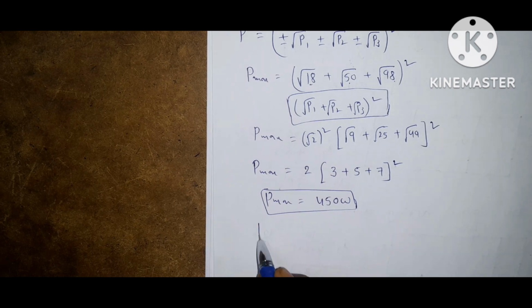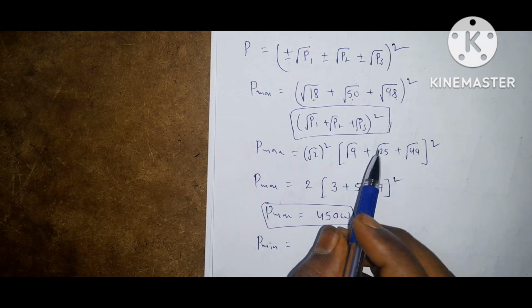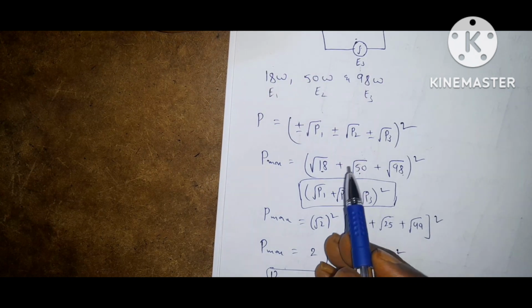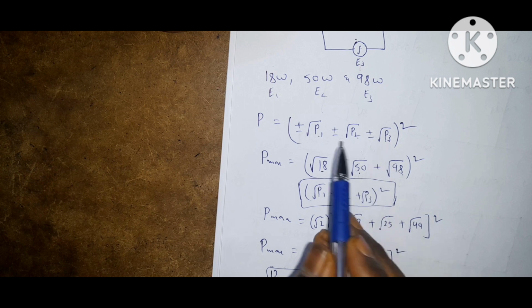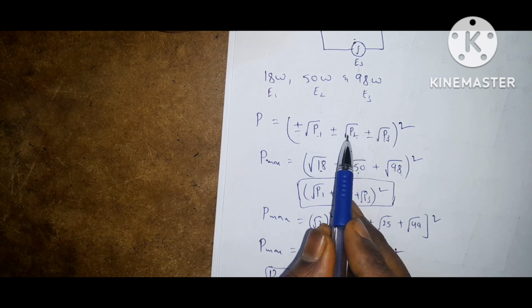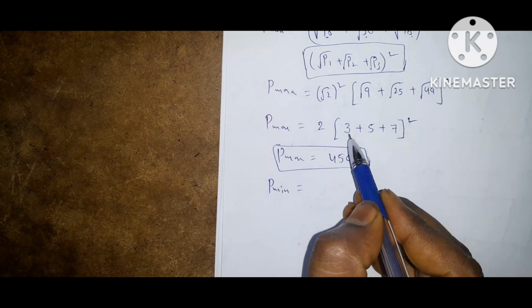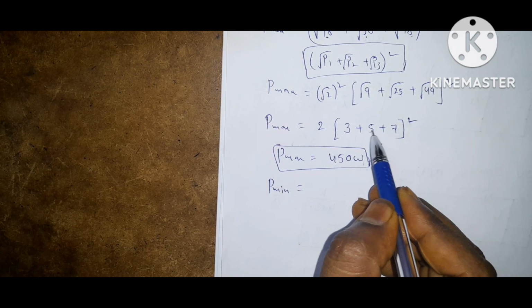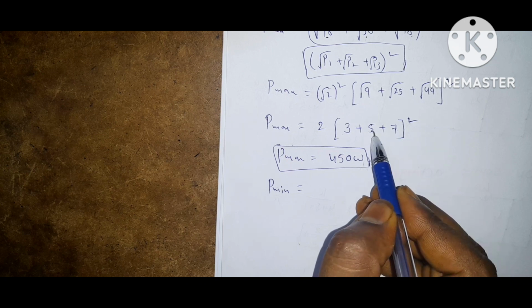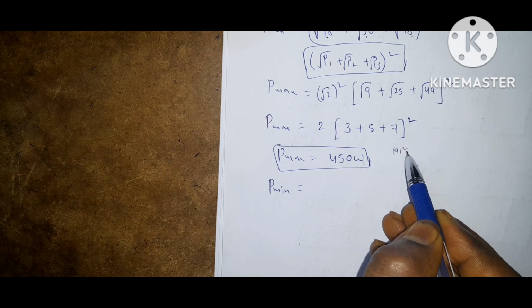Now, what is the P minimum? How to get P minimum? Either add 2 powers and subtract the other power. From this, if you add these two and subtract this one, that means 7 plus 5, 12, 12 minus 3, you will get 9 whole square.